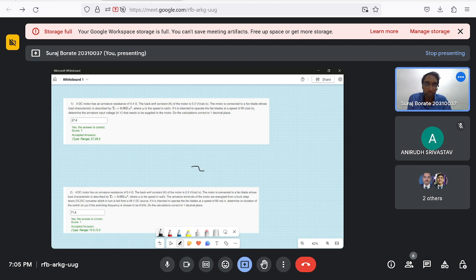So sorry, let me write like this. So L delta I upon d into T, I can write this like this. Why?